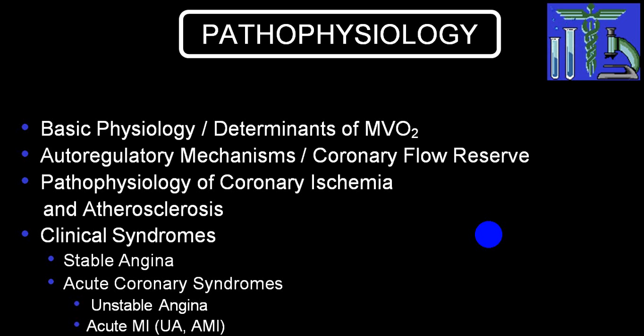These are the words being utilized. On ECG there is also the term non-Q wave MI. So this will be the presentation as far as stable angina and acute coronary syndrome is concerned.